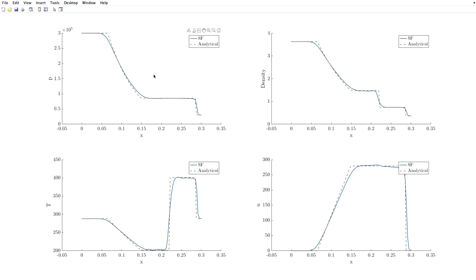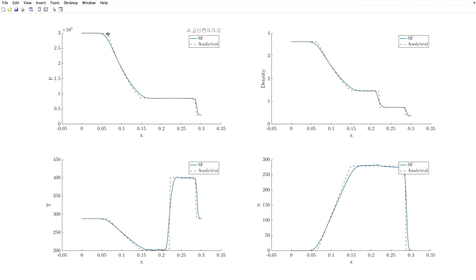Okay, so the red one that you see is the analytical solution. We have already discussed this analytical solution earlier, and the blue one what you see is the solution using OpenFOAM using the sonicFoam solver. Right, you can see that there is a lot of dissipation in these places.